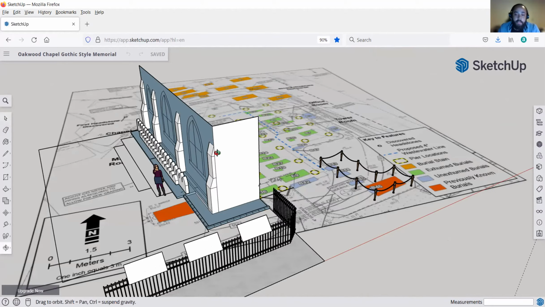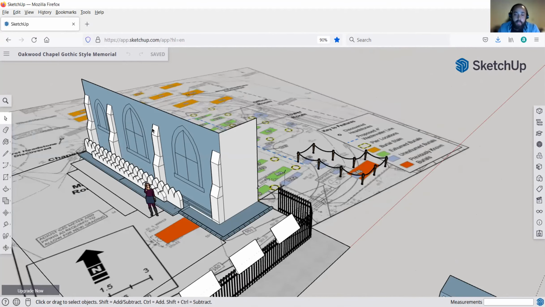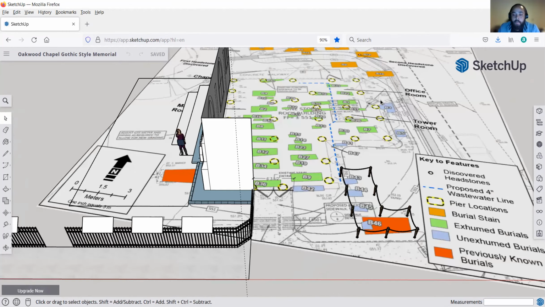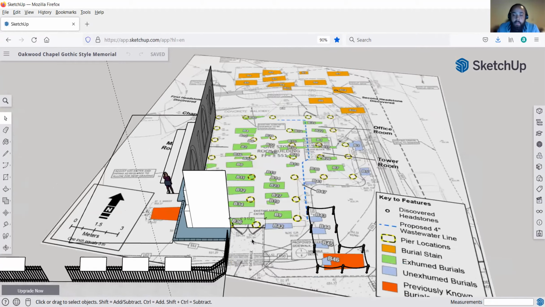This was pretty much to scale as far as the western wall of the chapel. I was able to use the burial markings from the archaeology survey that took place during the restoration, and get it fairly close to scale.